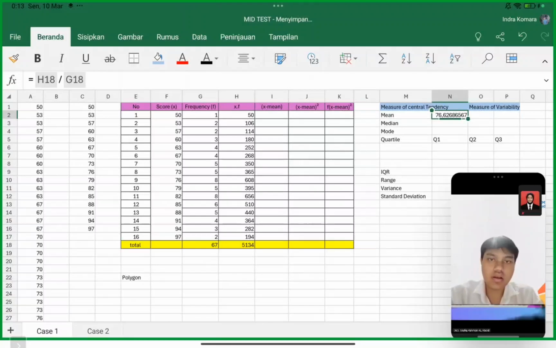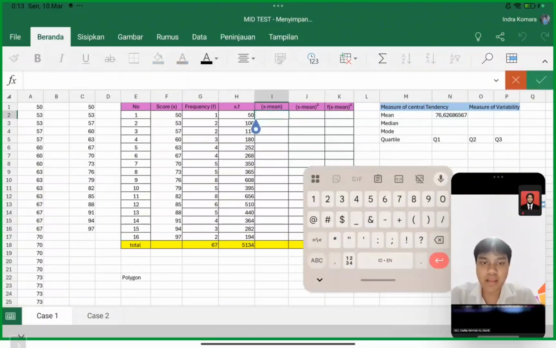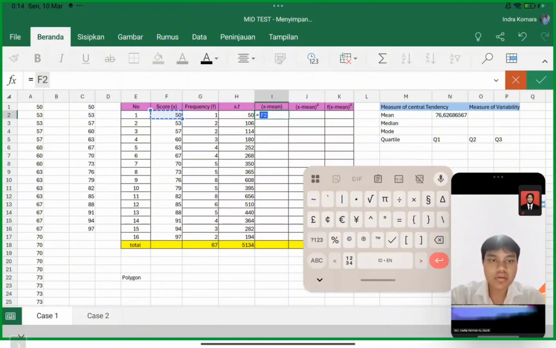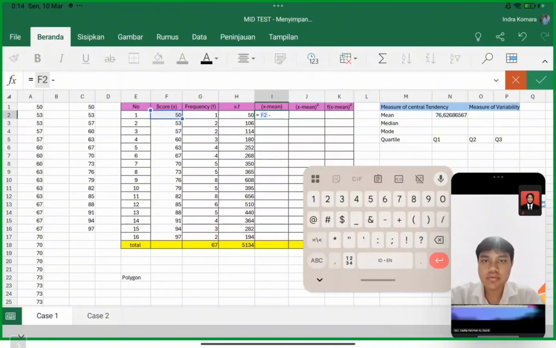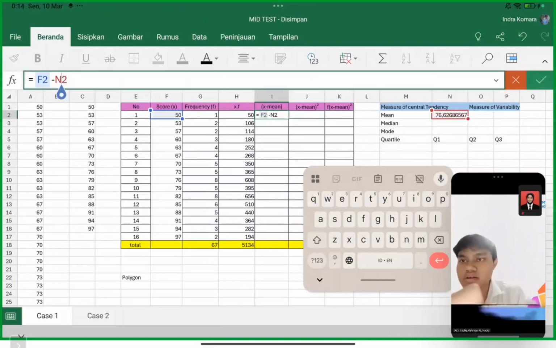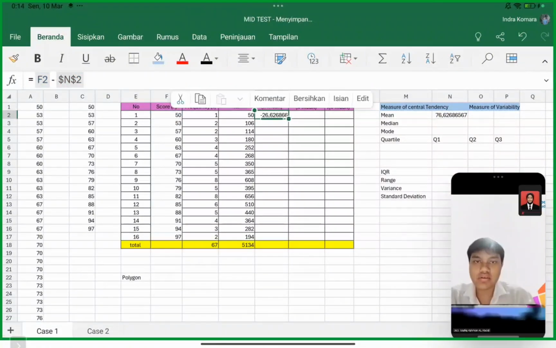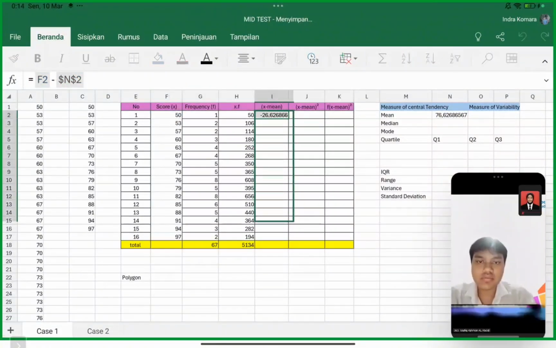Okay, now how to calculate the x minus mean? The x minus mean is x minus the mean, and we put a dollar sign here, so we can have the fixed reference for the mean. Okay, drag it down.